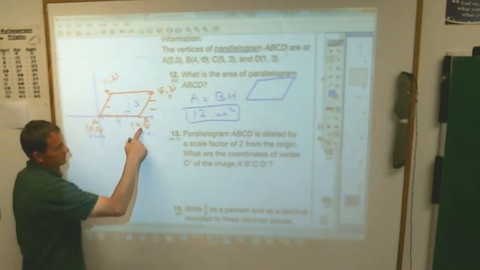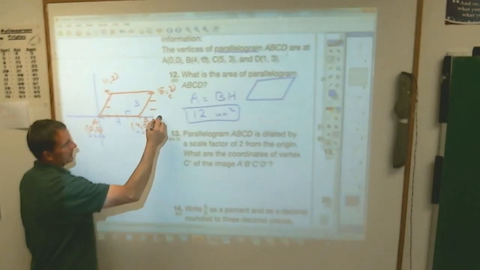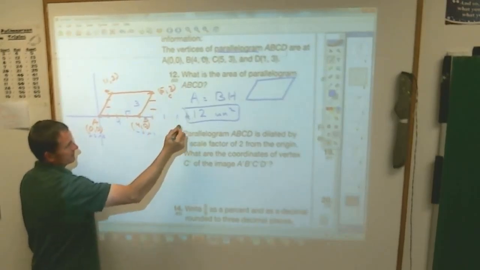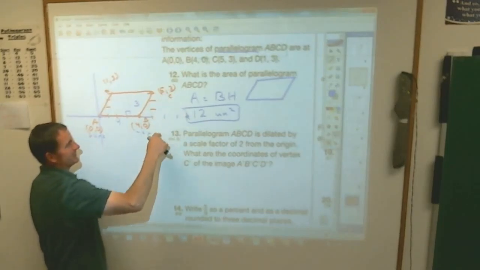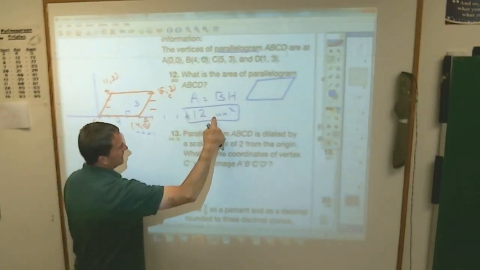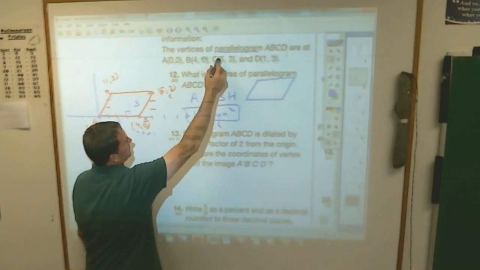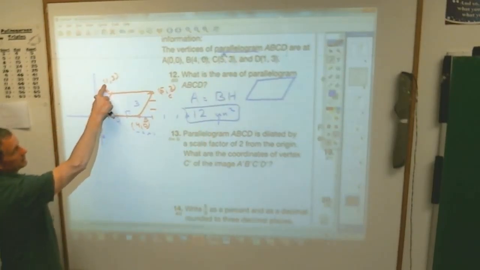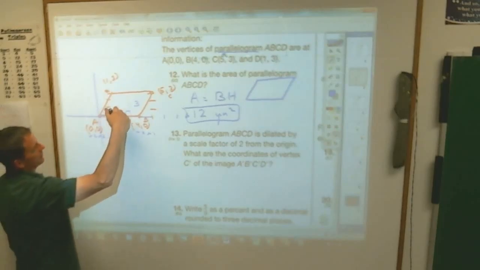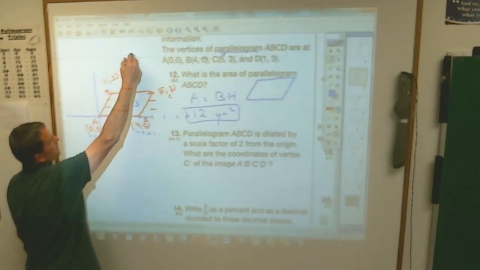Your new point here is going to be 8, 0. 5, 6, 7, 8, 0. Your new point here is going to be 10, 6. 8, 9, 10, 6, which will be up here somewhere. And this one's going to be 2, 6, which will be up here somewhere.